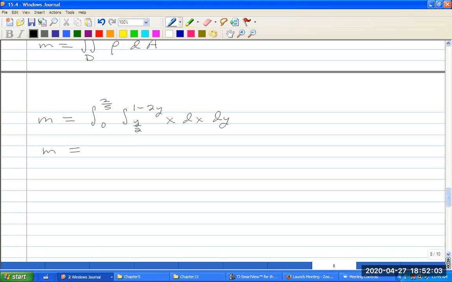And so the integral is just 1/2 x squared evaluated between x equal y over 2 and x equal 1 minus 2y, dy.